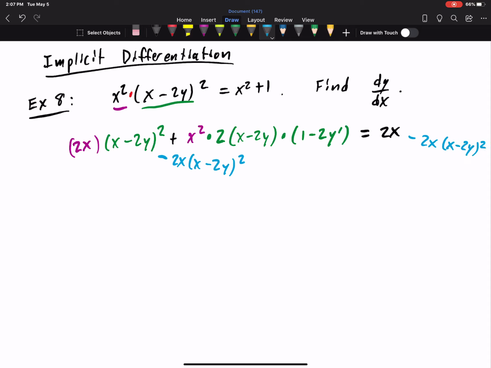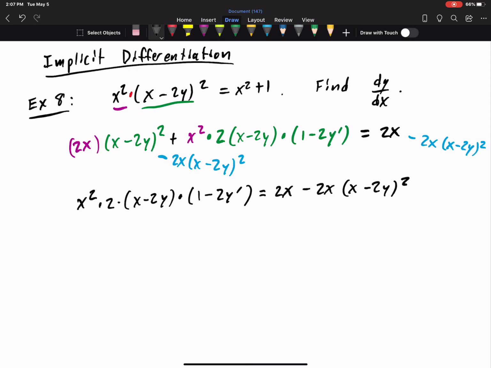Rewriting, this gives us x squared times 2 times x minus 2y times the quantity 1 minus 2y prime, and this is equal to 2x minus 2x times x minus 2y squared.